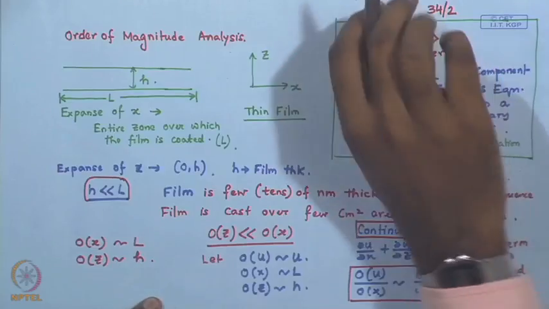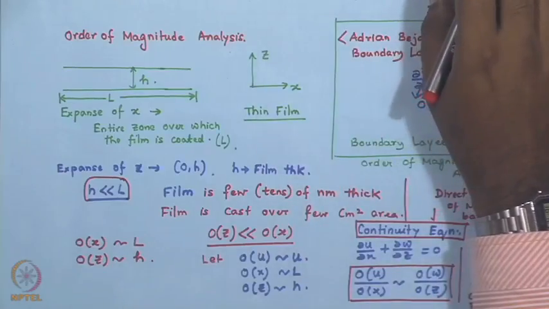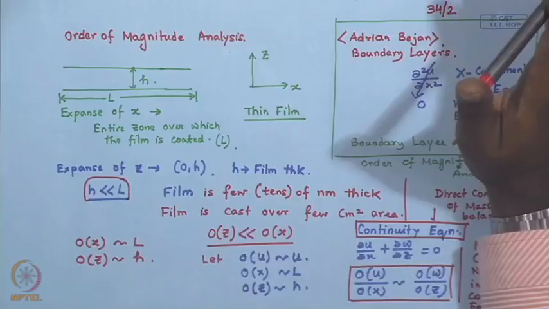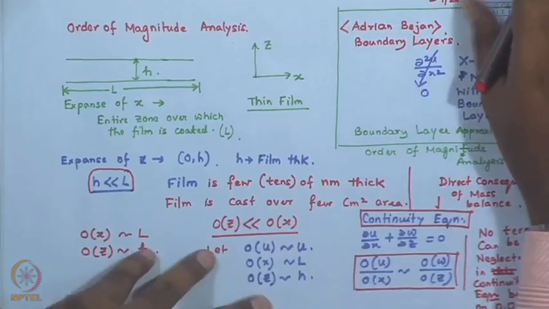Then I introduced you to the concept, known to most of you, of the so called order of magnitude analysis, which gives you an idea about the relative magnitude of the individual terms.